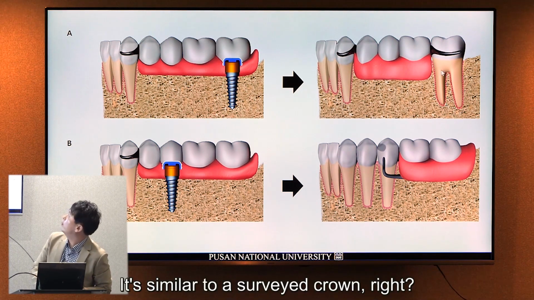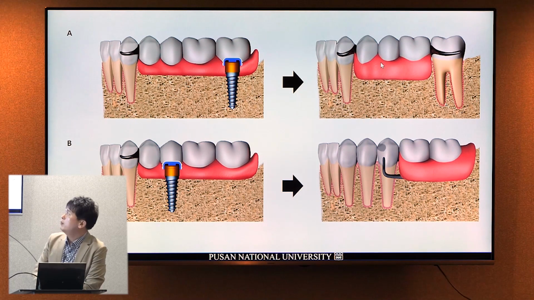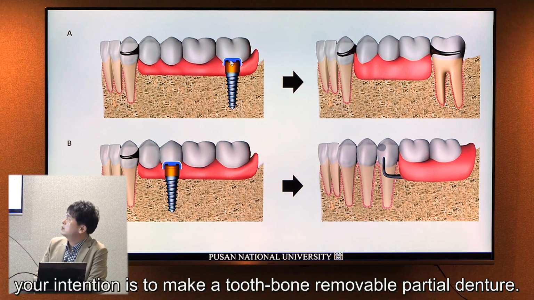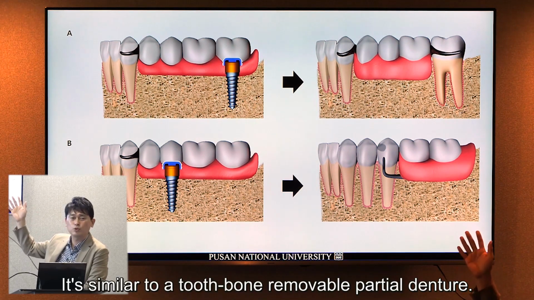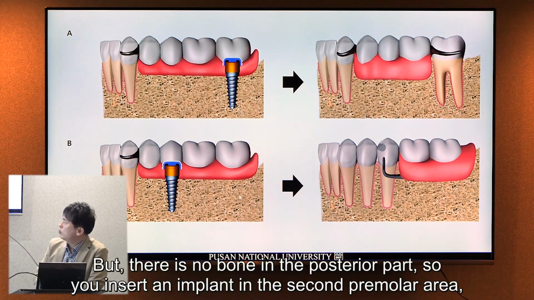It's similar to the surveyed crown, right? So if you insert an implant in this area and connect it with a locator, your intention is to make a tooth-borne removable partial denture.